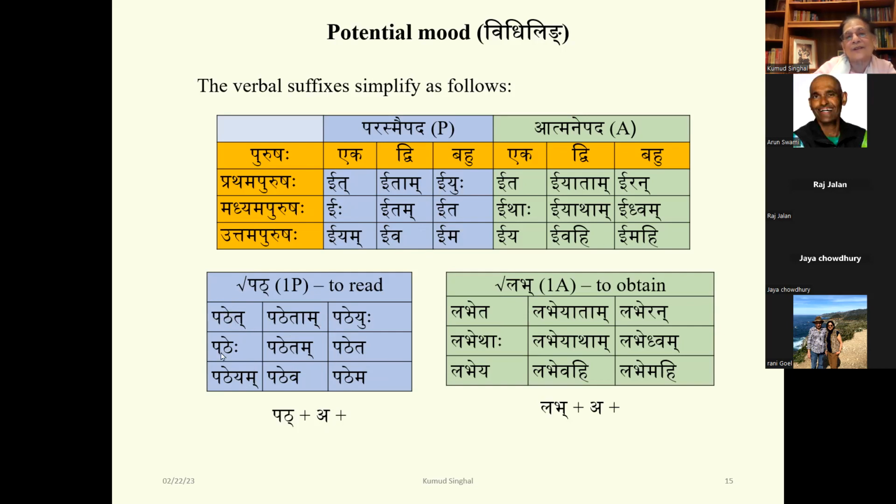Pathet, so that's one way to know that this is a vidhiling form. Same here, even in Atmanepada it is all starting with e. So you will say labhet, labheyatam, labheran, which gives that these are in vidhiling.